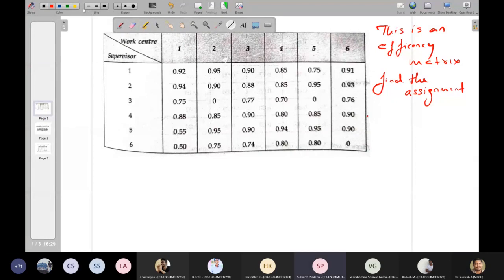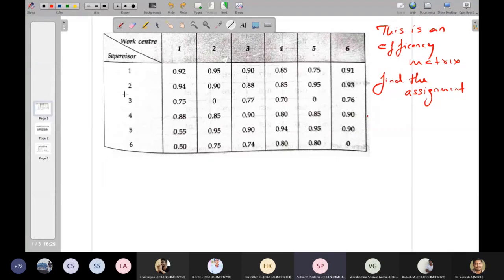We take the first column, no zeros are there. No zeros are there in the first row and column. So we can't assign that to anything. This is directly given as a work center and supervisor efficiency.